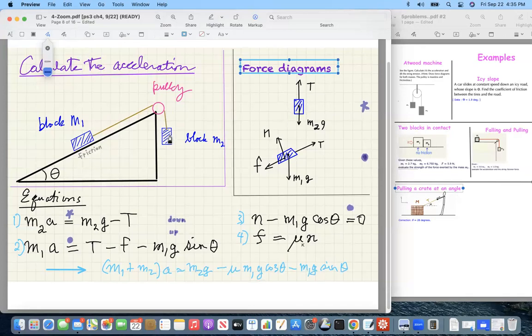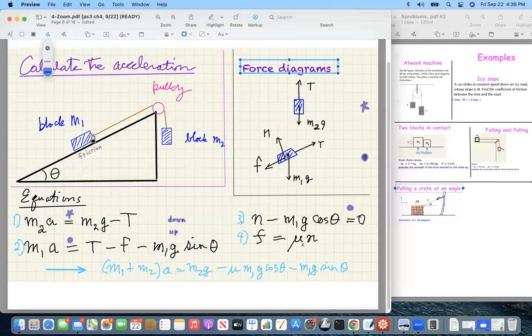So this block has two forces acting on it: the force of gravity pulling it down, and the tension of the cord pulling it up. And this block has 4 forces acting on it. There's the force of gravity pulling it down. There's the normal force exerted by the ramp, pushing it perpendicular to the surface, so we could call that N for normal.